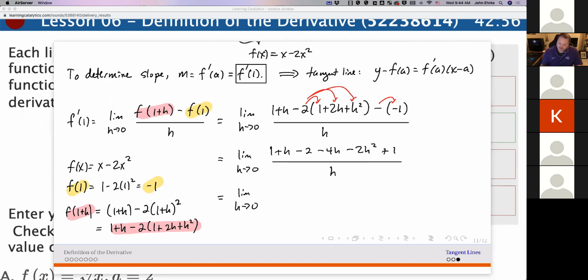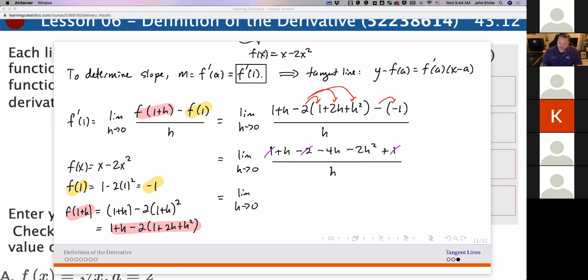All right, if I've done the work correctly at this point, I should get a bunch of cancellations to occur. I've got 1 plus 1 makes 2, but 2 minus 2, that's why it cancels. So all of the constant terms cancel there.